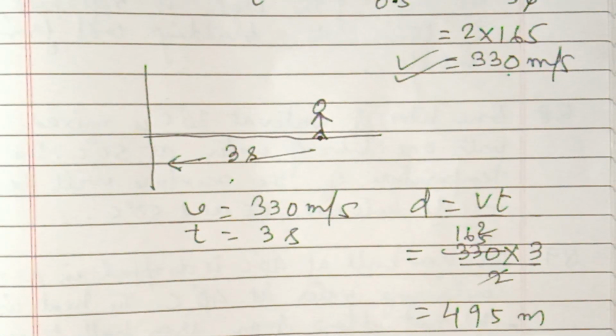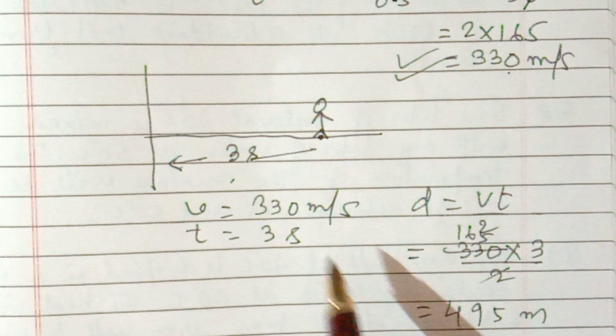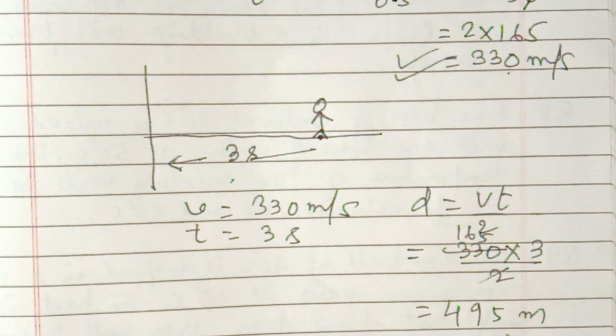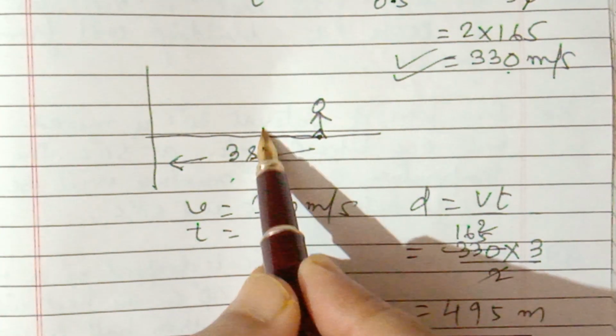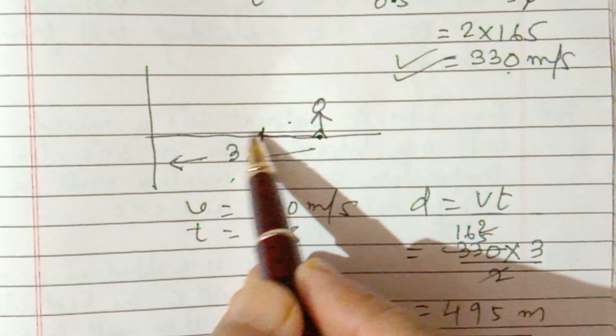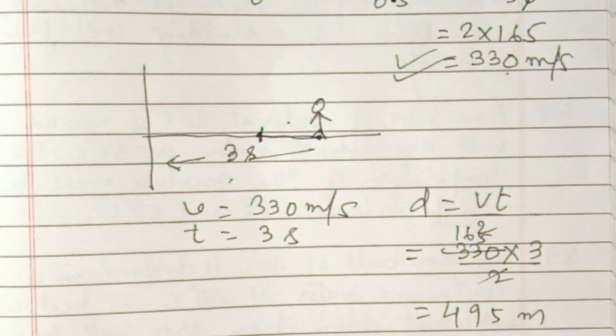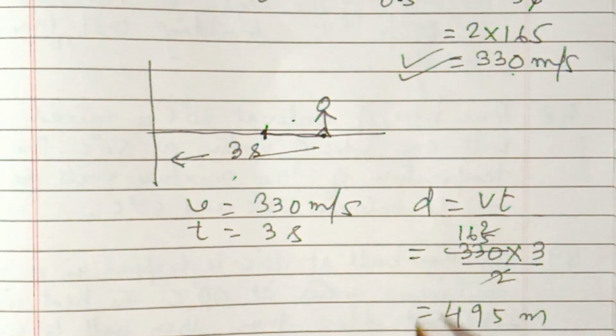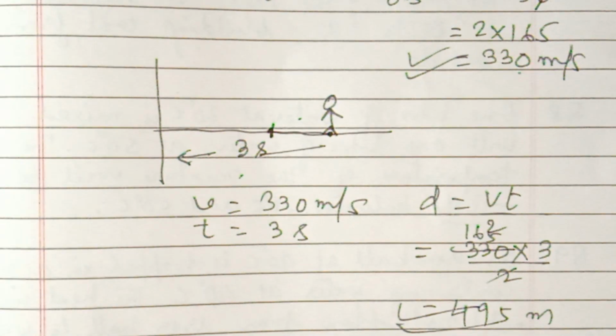So that means initially he was at 495 meter. Now when he moved 82.5 closer, then he heard the echo after 2.5 seconds. That we have already done. So here the second question's answer is 495 meter.